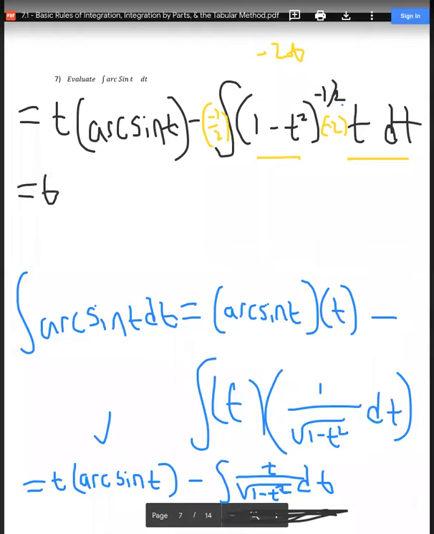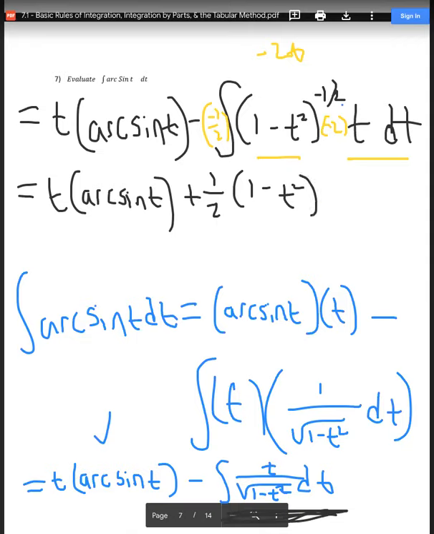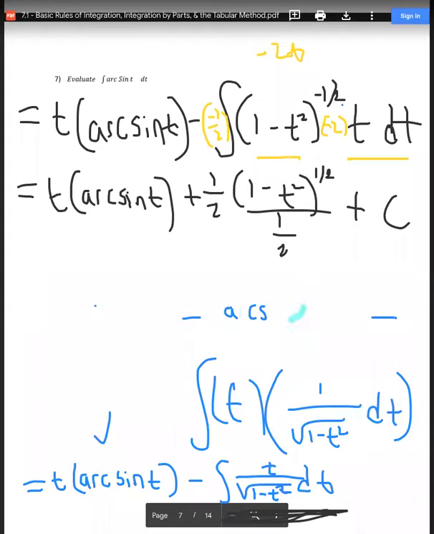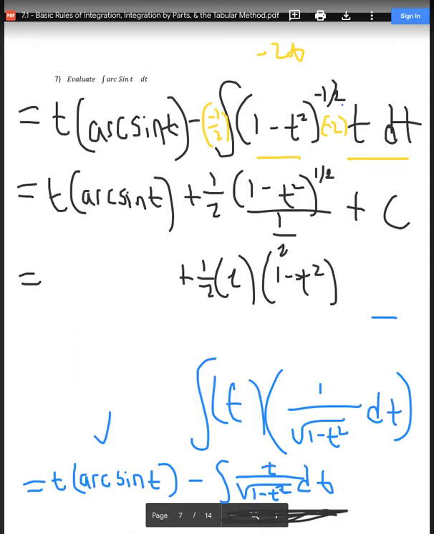So t arcsine of t plus 1/2. And now we can use the power rule. So we do 1 minus t squared, plus 1 to the exponent, so the exponent now becomes 1/2, divided by 1/2, plus c. Dividing by 1/2 is really just multiplying by 2. So this becomes 1/2 times 2, 1 minus t squared to the 1/2 plus c.